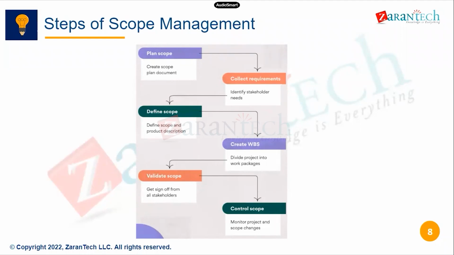Therefore, here we are taking the inputs from the project charter or project management plan, and we are preparing this document. You're using a lot of elicitation techniques like data analysis, meetings, and all that, and you're preparing this document. Right? And here, mainly we define what is in scope of work and what is out of scope of work.